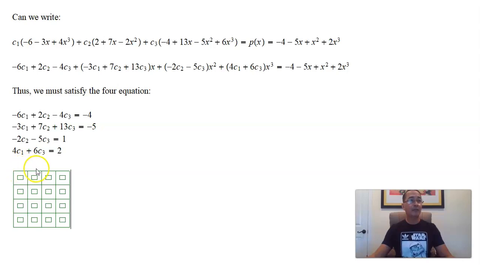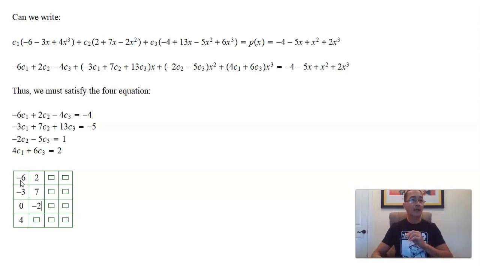Our variables will be C1, C2, C3. Let's look at the coefficients. We have minus 6C1, minus 3C1, no C1 in the third equation, 4C1 in the last one. For C2, we got 2, we got 7, we get the minus 2, and no C2 in the third equation or the last equation.